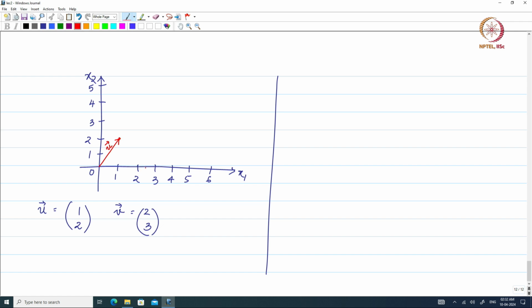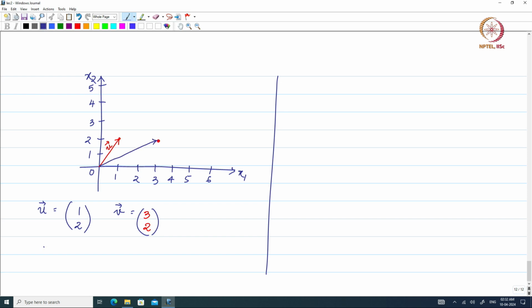Let me make a change a little bit because we can clearly put this. Let me make this as 3, 2. So, the vector 3, 2 is going to be here. Let me draw that vector. Now, what is it we say?